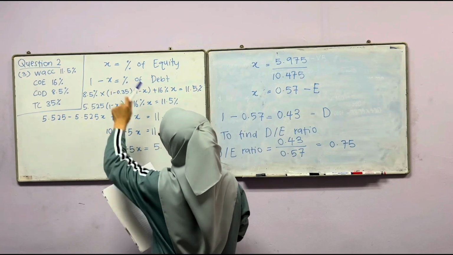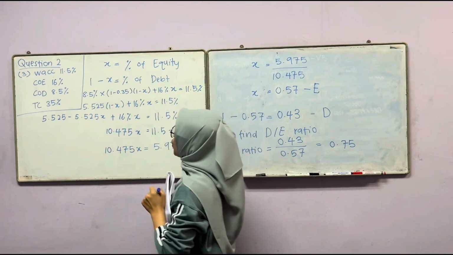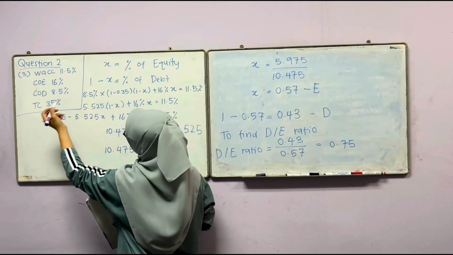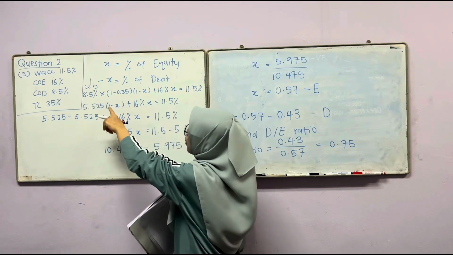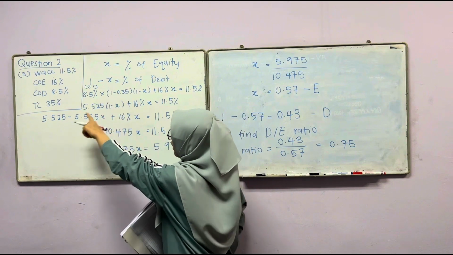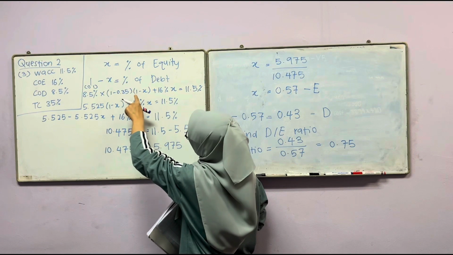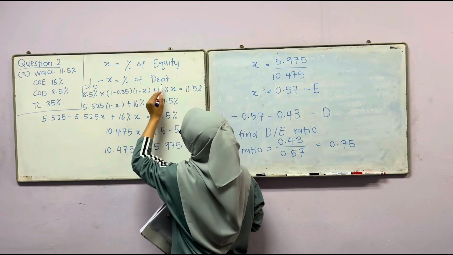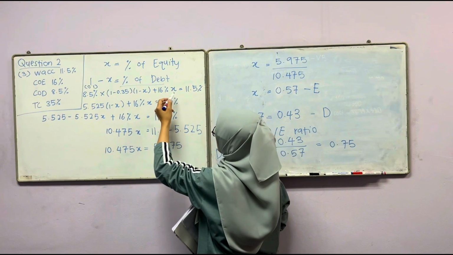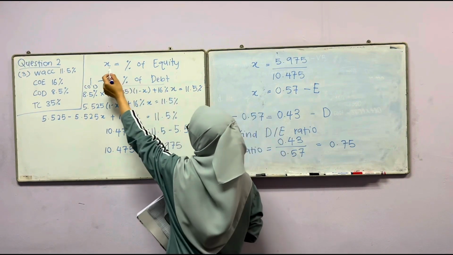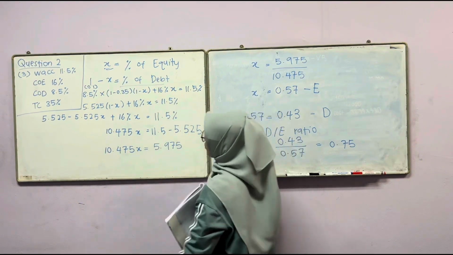To find X, the percentage of equity, we use the cost of debt times 1 minus the tax rate of 0.35, times 1 minus X, the unknown percentage of debt, plus 16% times X, equal to 11.5%.